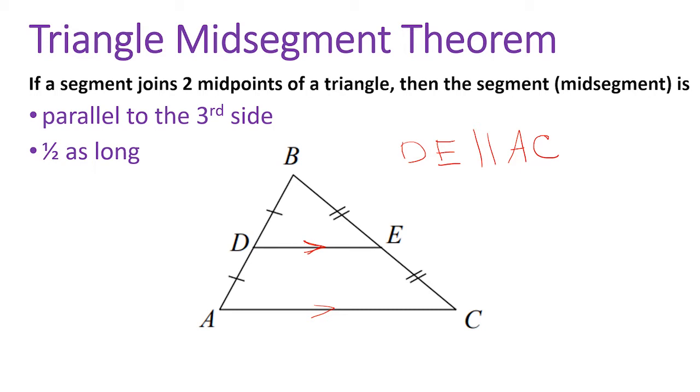So we could say that DE equals 1/2 of AC, or we could say that AC is twice DE. So as an example, if AC were 6, DE would be 3, or another example would be if DE was 7, AC would be 14.